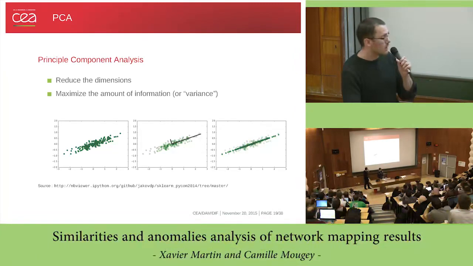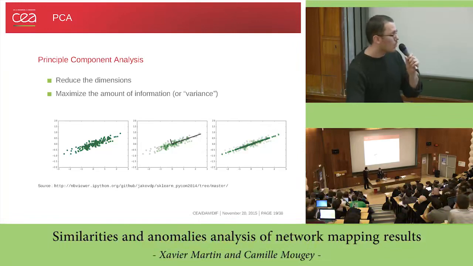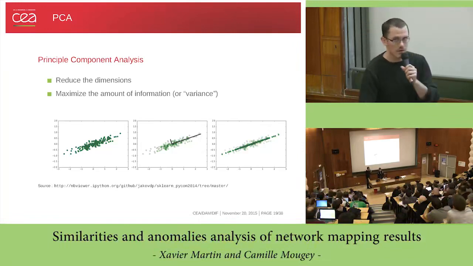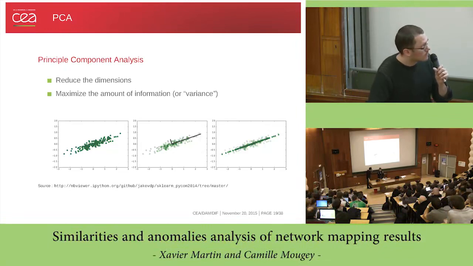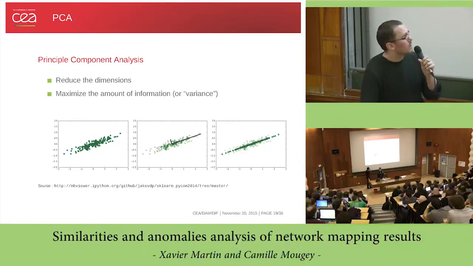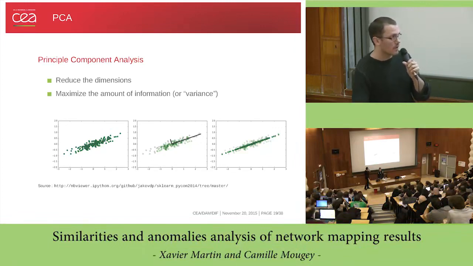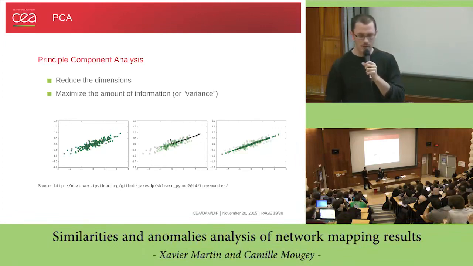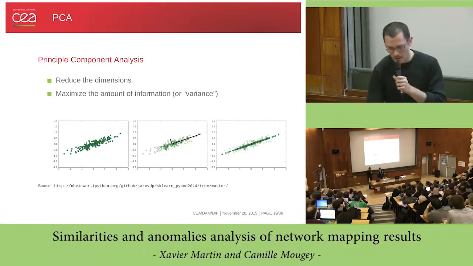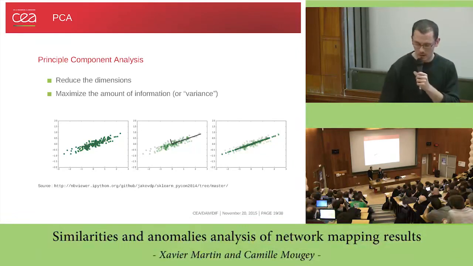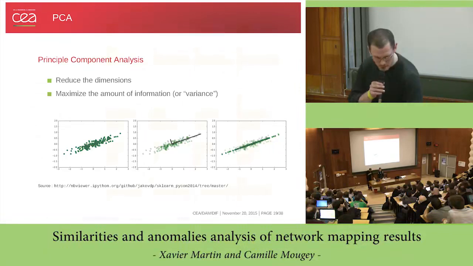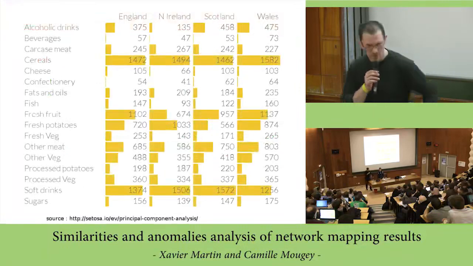As you can see, there is one dimension which is more relevant than the other. All the information is gathered on the big segment. If you do the projection on that axis, you will lose about 5% of information, but you will divide the dimension by 2.